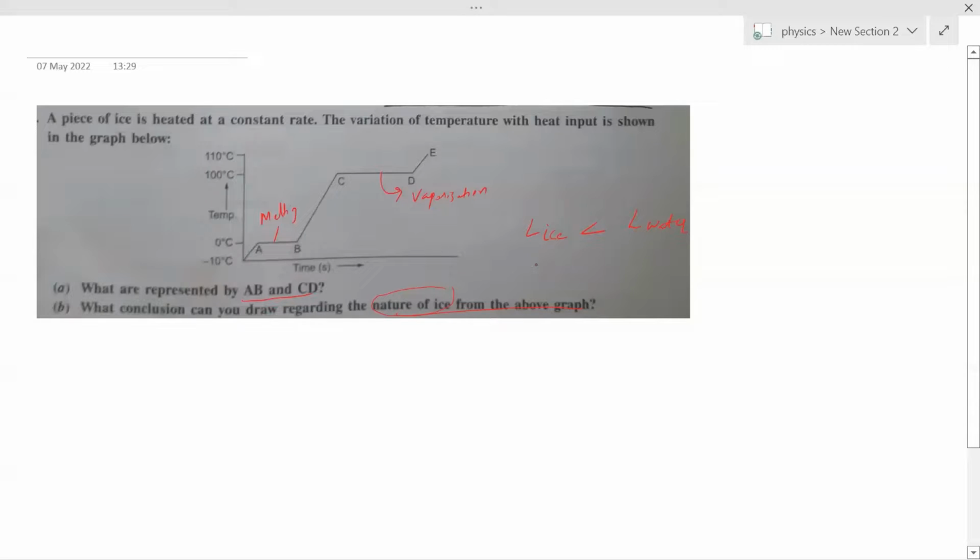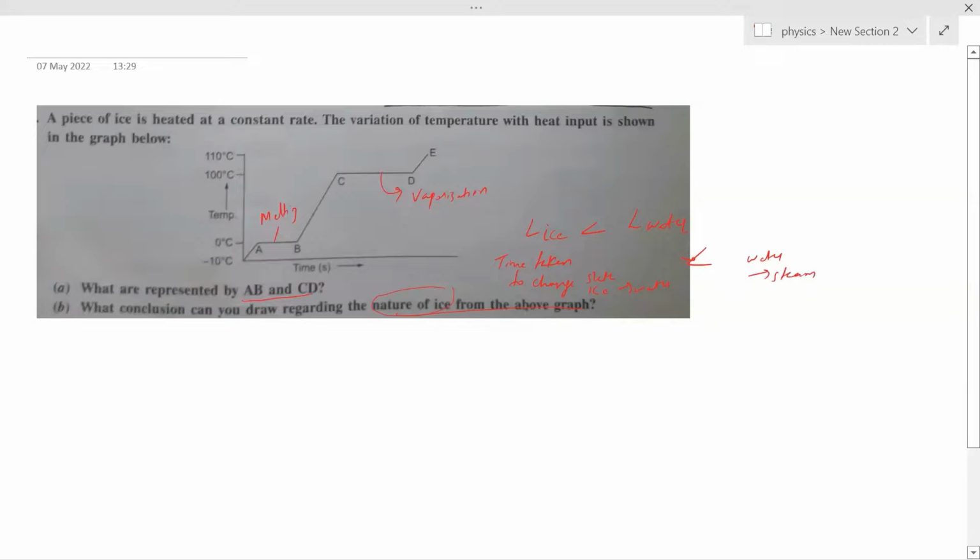So that's why AB will represent that the time taken to change state from ice to water will be less than time taken by that from water to steam.